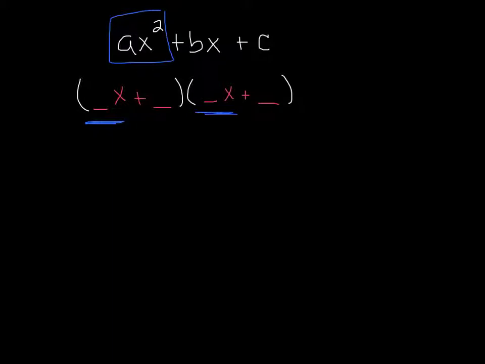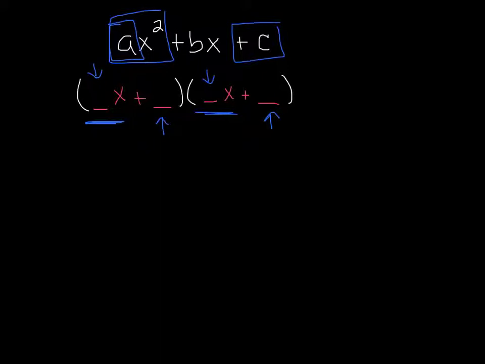And whatever the factors are of the very first coefficient, the a, if you multiply the numbers in the very first part, those two numbers multiplied together will give you a. Okay. When you talk about the last term, if you multiply the two numbers together in the last part of each binomial, you'll get the c.